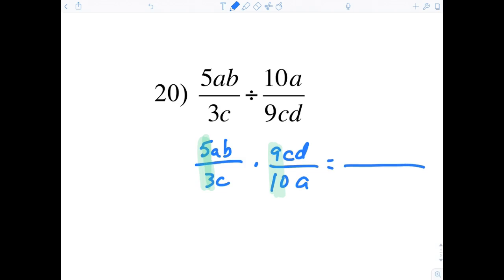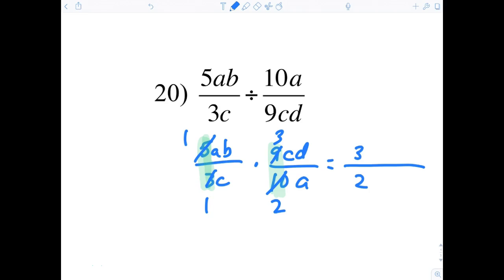So what can I reduce? Reduce 5, and that becomes a 1 and 2. Good job. And what else? 3 and 9. Beautiful. So my final answer with just the fraction is 3 over 2. Perfect. That's how you should be doing it.